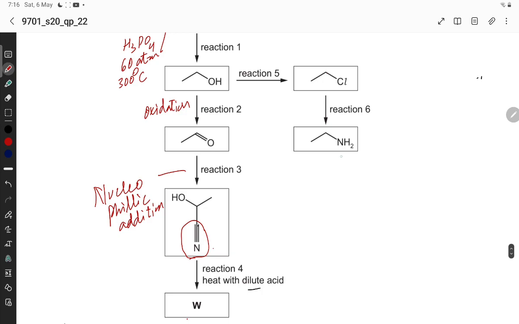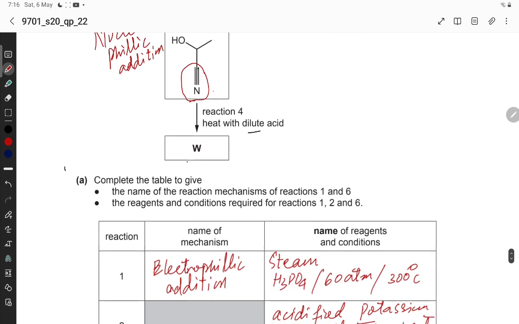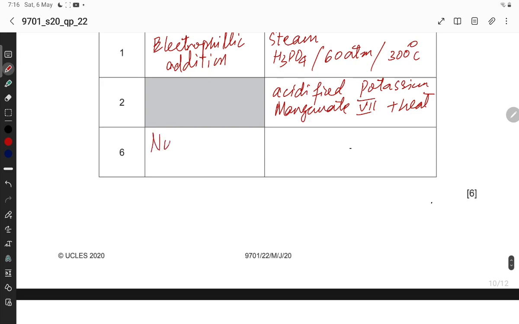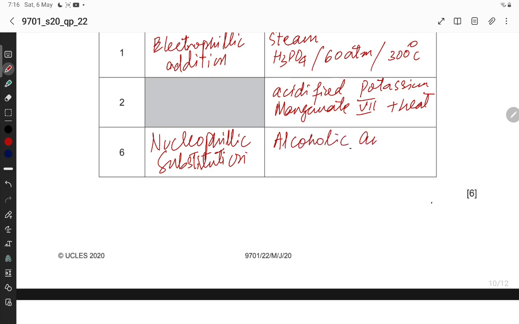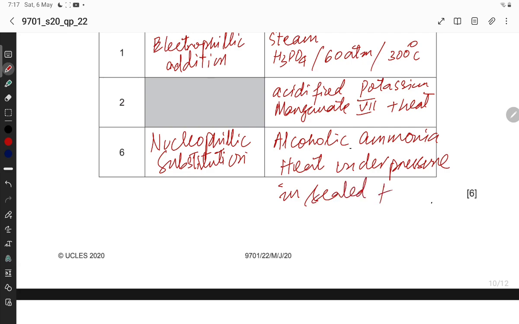Cl is substituted by the NH2 group. So this is nucleophilic substitution with alcoholic ammonia, and the condition is heat under pressure in a sealed tube.